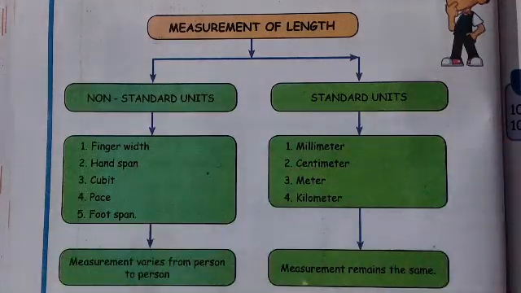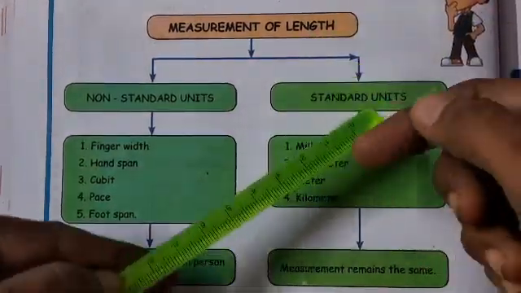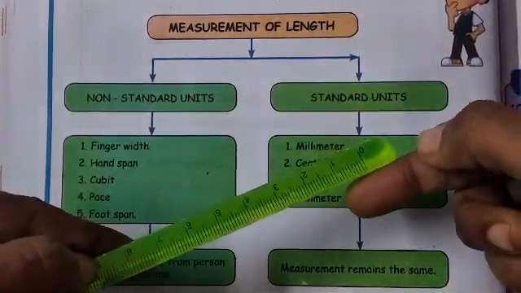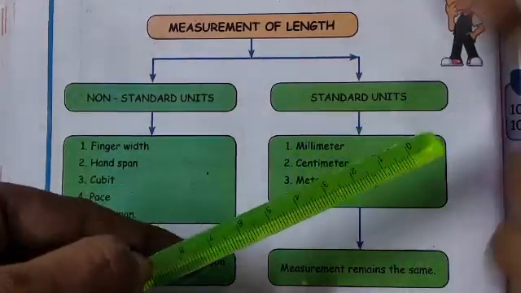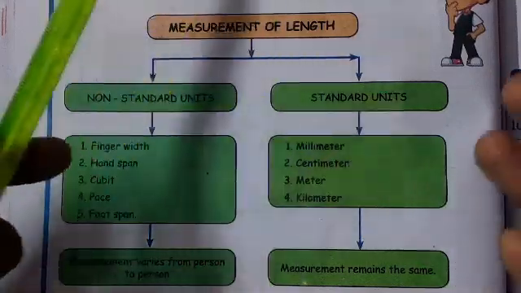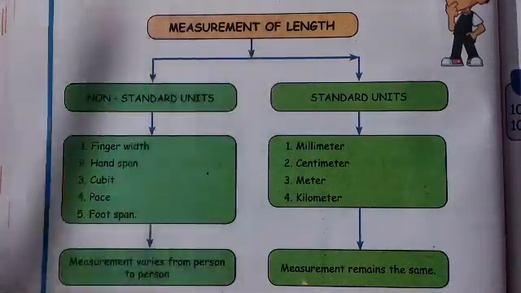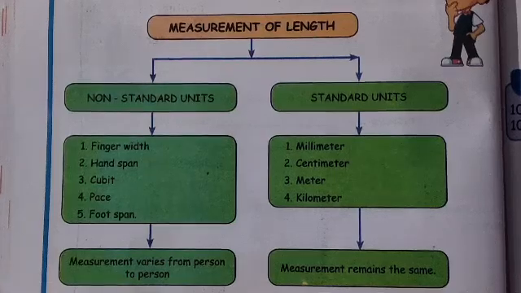If I am measuring a scale or something with my finger width, and you measure the same scale with your finger width, the answer will vary. Understood, children? So non-standard units will have different measurements that vary from person to person.